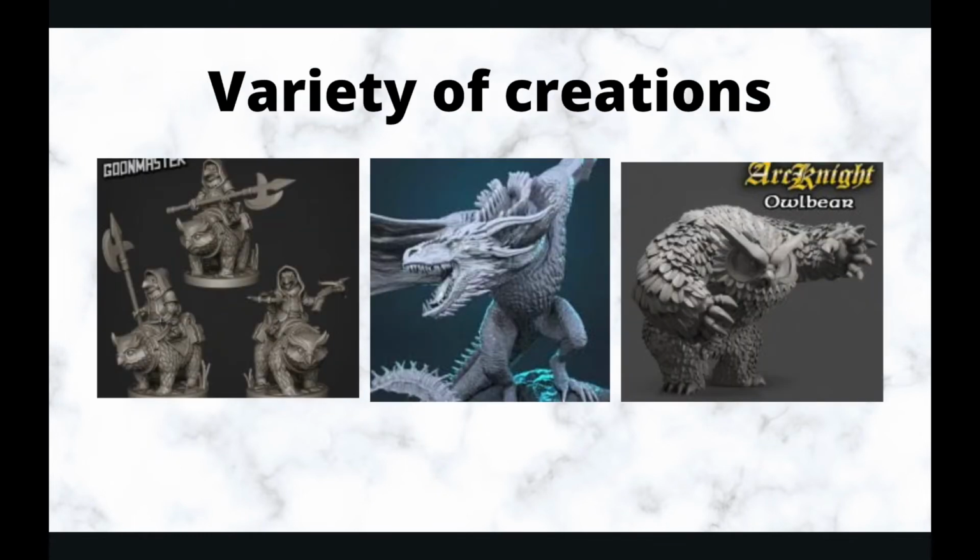Here we found some examples. There are three mounted old bear riders, then there is a dragon. I think that the design is from Viserion, from Game of Thrones, and the other one is an old bear. The old bear I think is 30 millimeters, and the dragon is 62 millimeters.